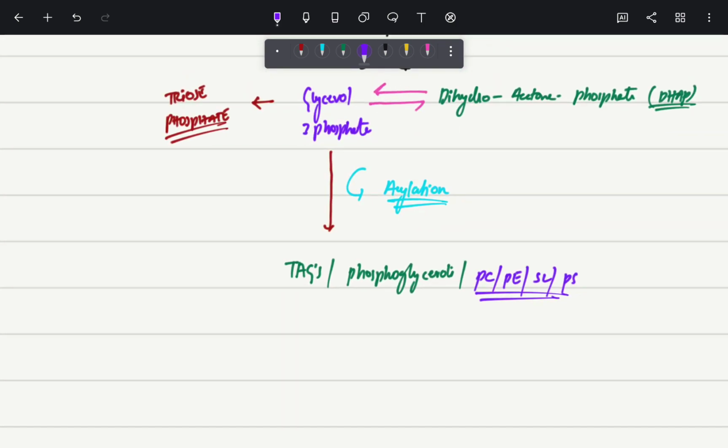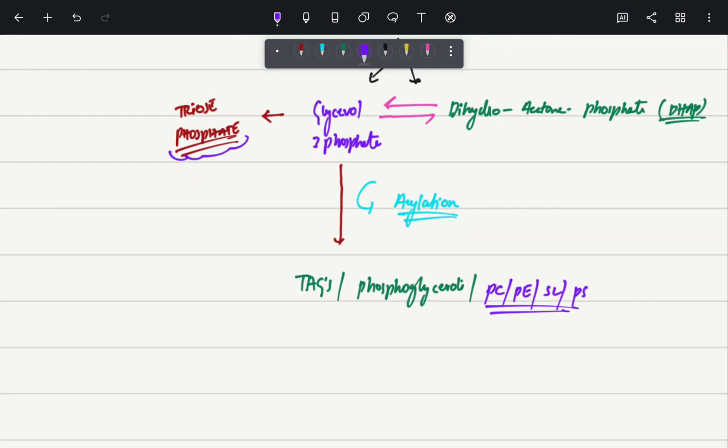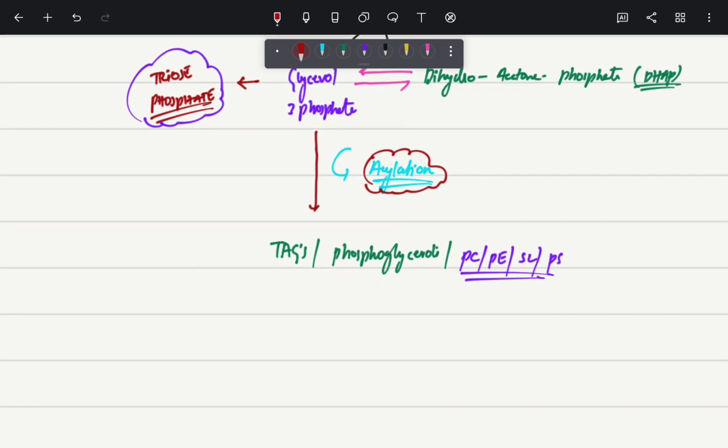So from glycerol 3-phosphate, if we acylate it, we can synthesize the phospholipid bilayer. This is what is given in your biochemistry textbook.